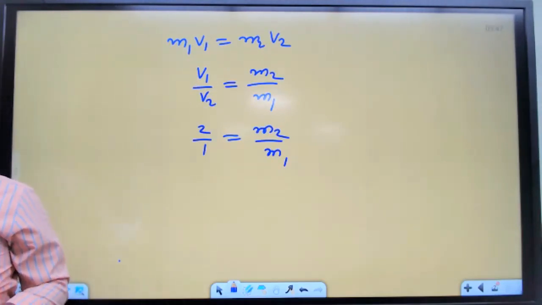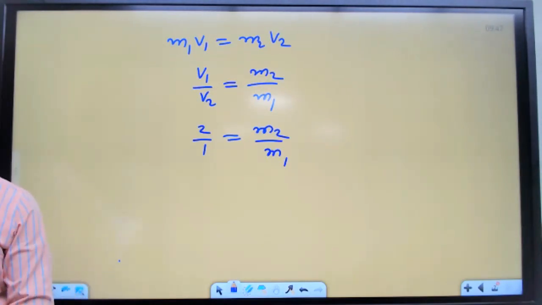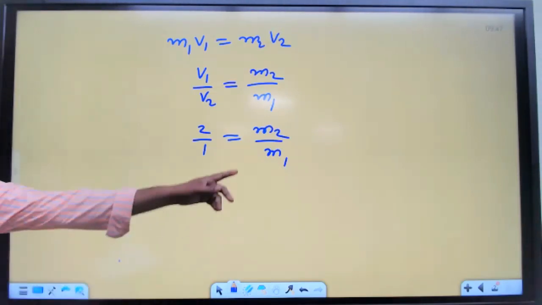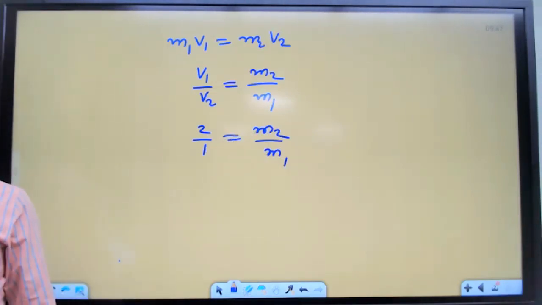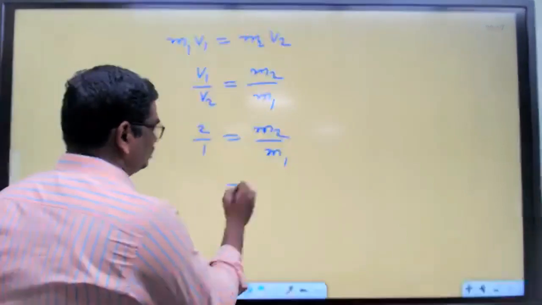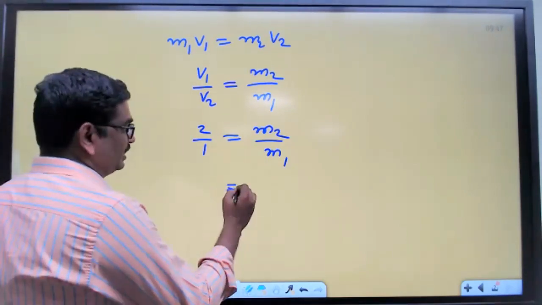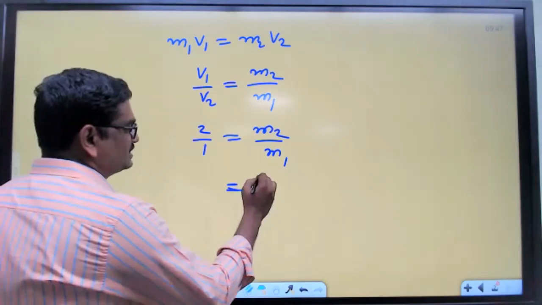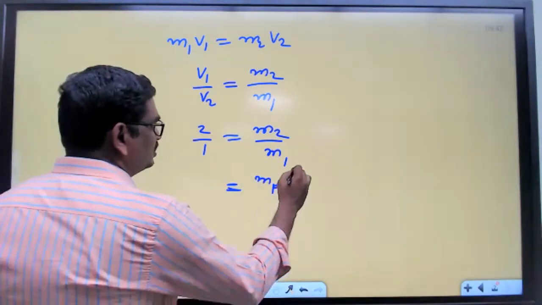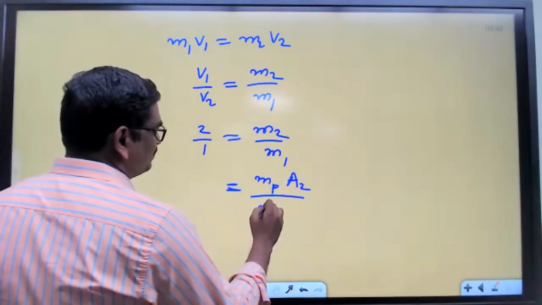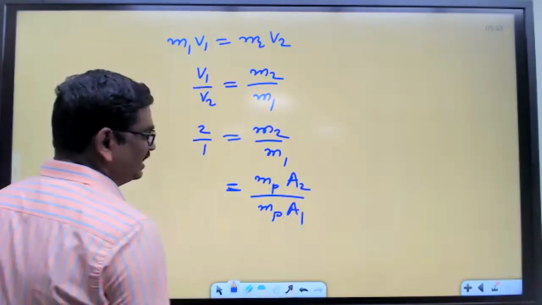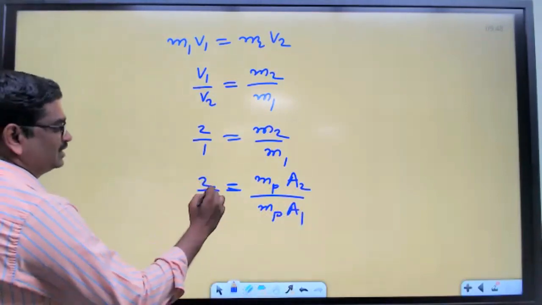Next, we need to calculate the ratio of their nuclear sizes, meaning the ratio of their radii. What is the relation between mass and mass number A? They are directly proportional. So the mass of any nuclei can be written as mass of proton into A2 by mass of proton into A1, which is nothing but 2/1.